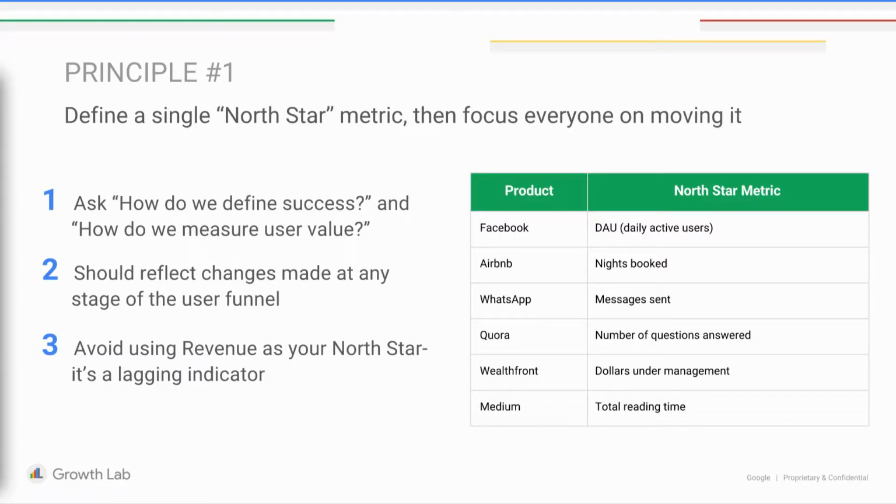Or a second one, Airbnb. They're focused on taking people who have a room to rent and matching them up with people who want to rent the room. And the more they can do that, the more nights will be booked. So those are just a couple of examples of the types of North Star metrics that really capture what everyone on those products and in those companies is focusing on.